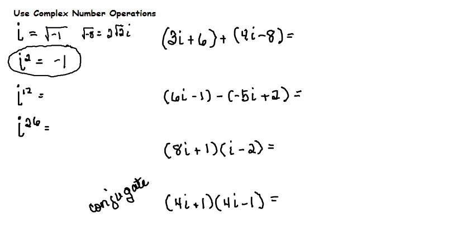Remember, everything works on simplifying these on the 4s or multiples of 4. So you got to look at i to the 4th power, 5th power, 6th power, and 7th power, because those are the ones with the remainders.